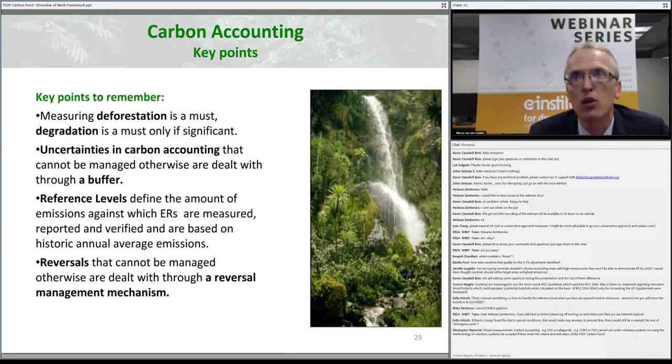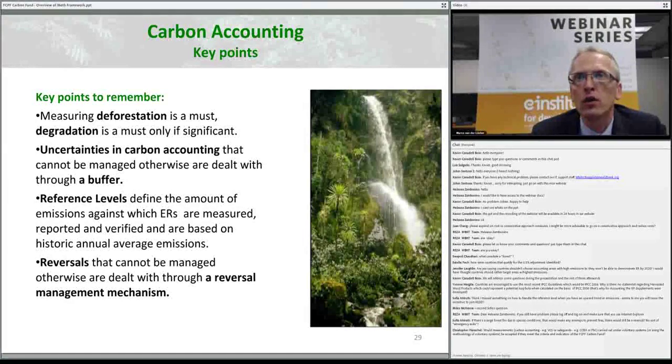Esther Fach has an important question, who's asking, how were the countries that qualify for the 0.1% adjustment identified? When you come to the Carbon Fund and you think you are a country which has historic low deforestation and high forest cover, you will need to justify that to the Carbon Fund itself.